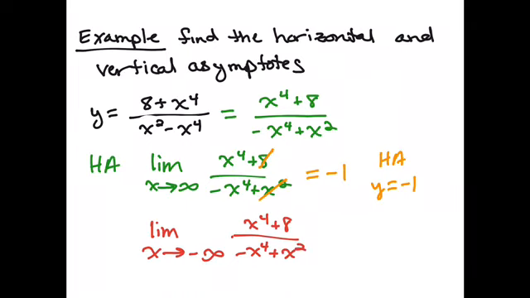I don't have that special case. So I can simplify this and say that it's also going to negative 1. So if I were to look at this on a graph, I would see that going off to the right and going off to the left, there's going to be a horizontal asymptote in both directions at the line y equals negative 1.